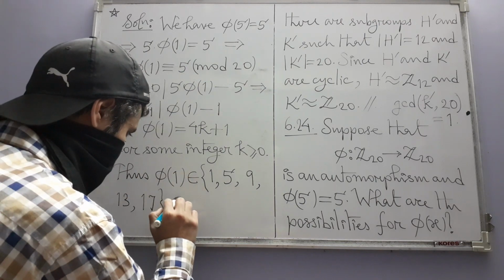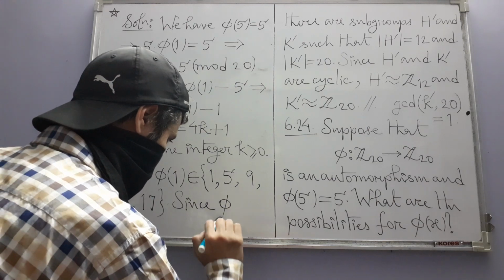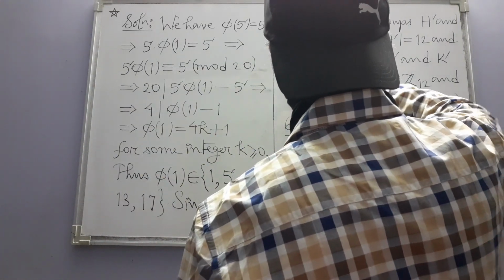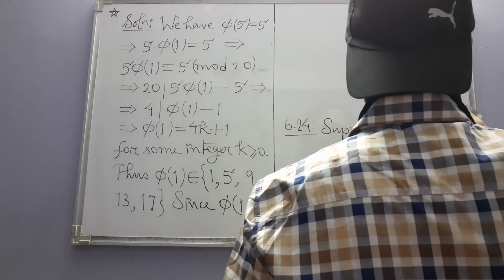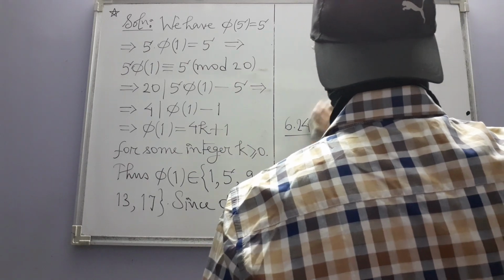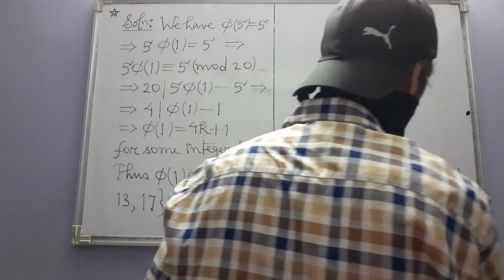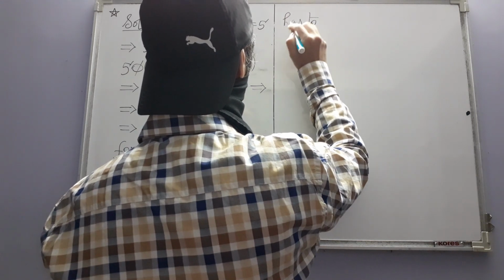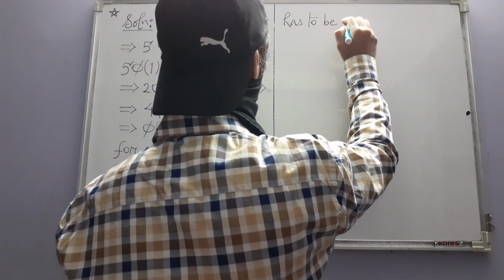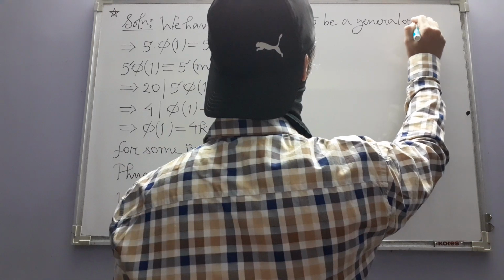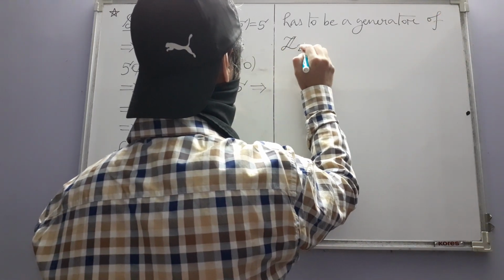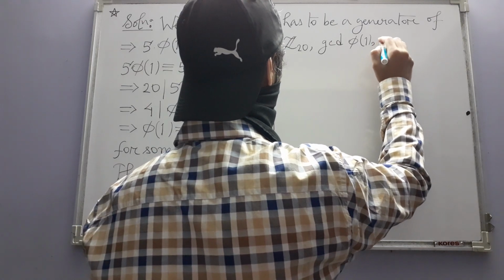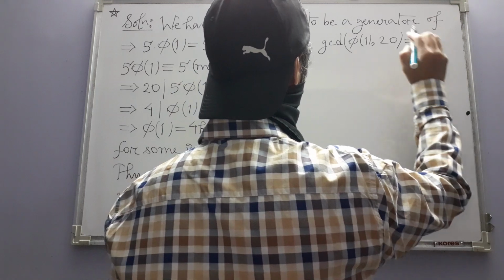So now we have to write accordingly: since phi of 1 has to be a generator of Z20, the GCD of phi of 1 and 20 has to be equal to 1.